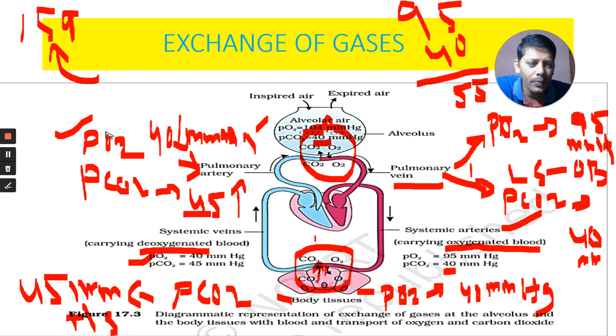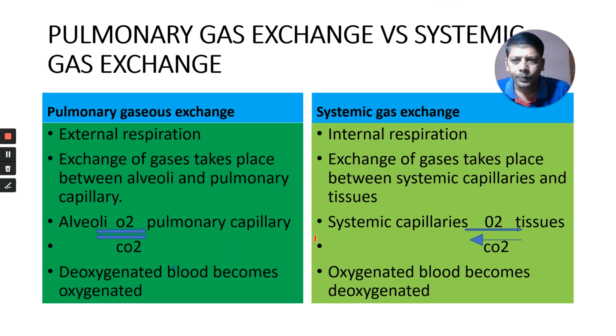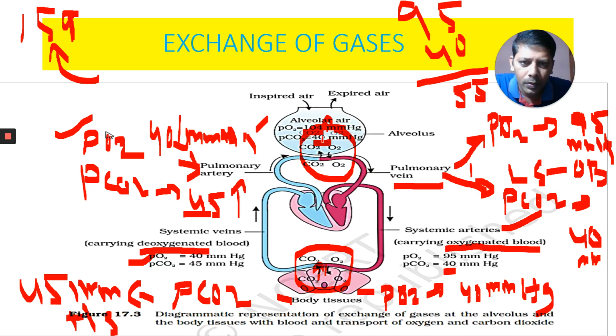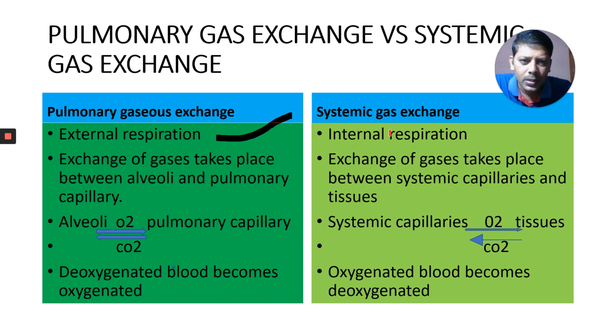Now let us see the differences between pulmonary gas exchange and systemic gas exchange. Pulmonary gaseous exchange is called external respiration. Systemic gas exchange is called internal respiration.